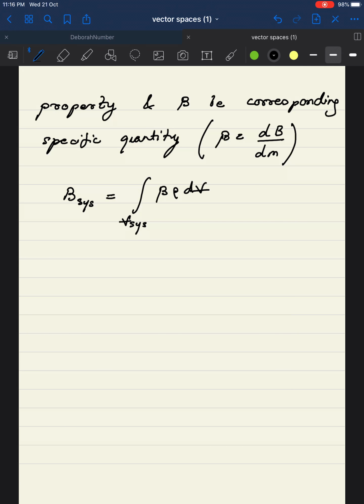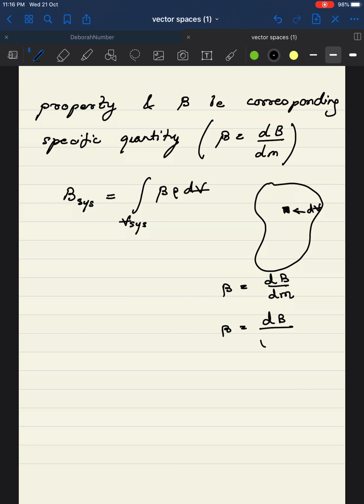It's not too difficult to see why that is true. If you take any arbitrary control volume and you take a small dV volume in there, which is a differential volume, then my beta is equal to dB by dm as I wrote before, which is the same as dB by rho dV.